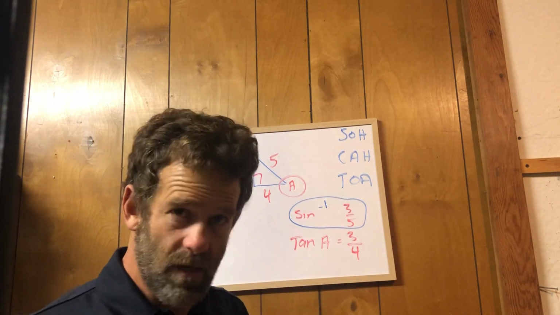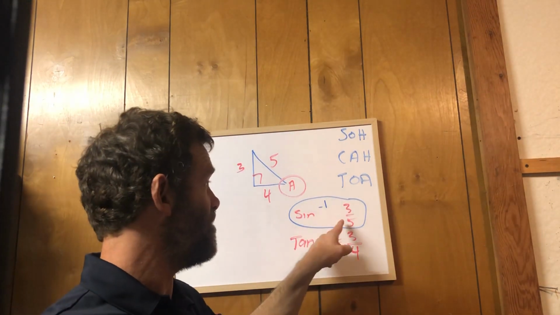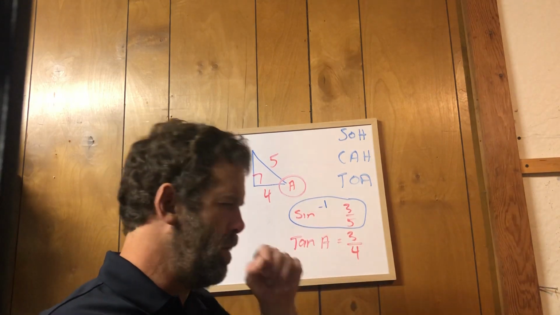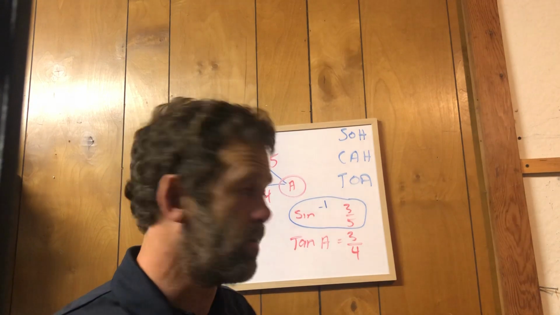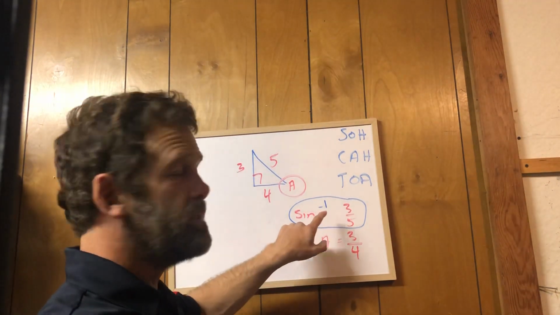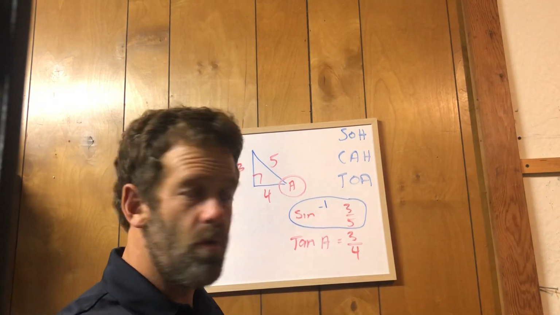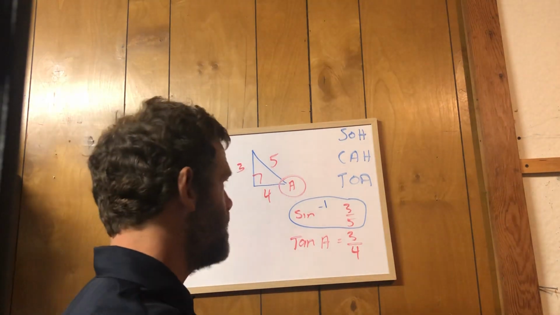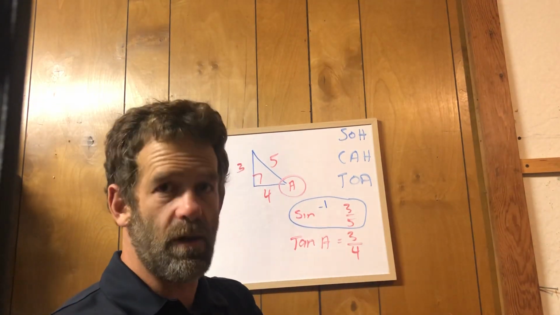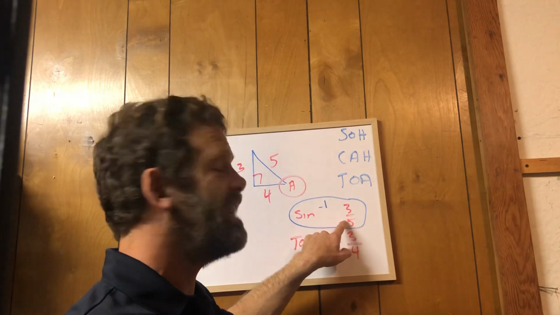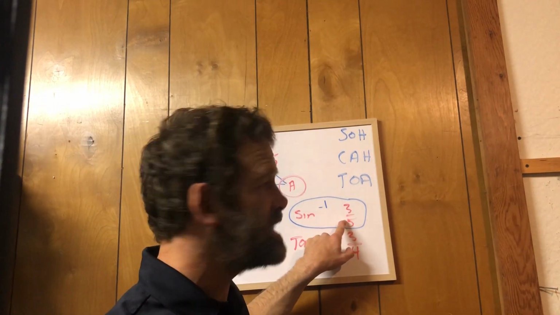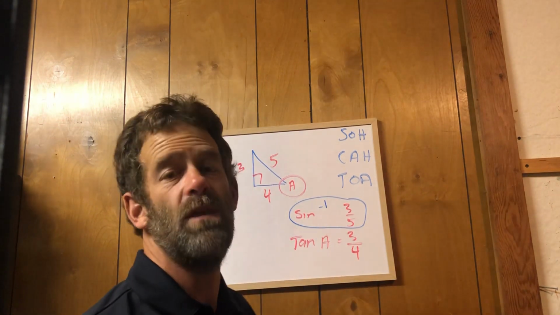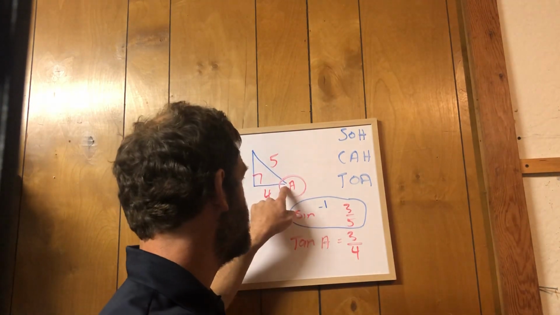Well, now you're going to find the value of this, but you're going to do the inverse of it to get an actual angle. If you're using your iPhone, or a calculator that doesn't display everything, you're going to do 3 divided by 5, press equals, then press the second button, and then sine. It's going to spit you out an angle, which is this angle right here.